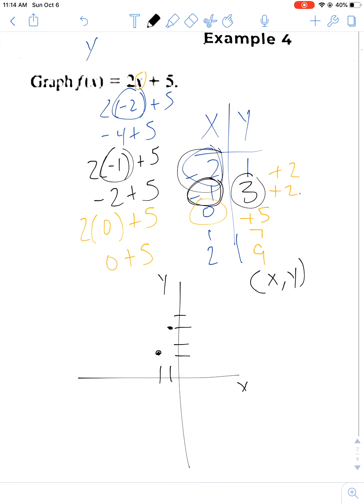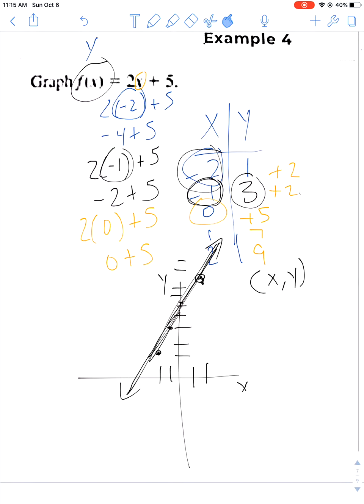Then we've got 0, 5, 1 on the x, 7 on the y, 2 on the x, 9 on the y. And there we go. There is our nice picture of our function. This is the graph of the function 2x plus 5.